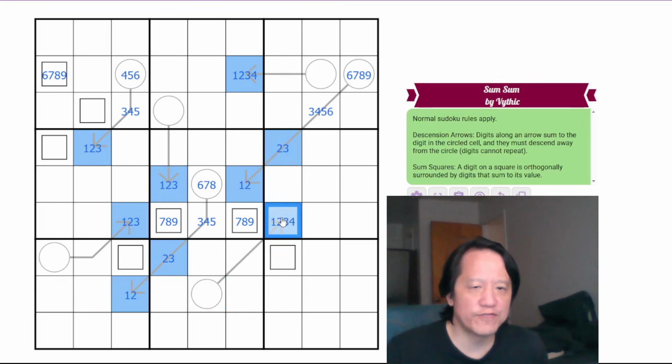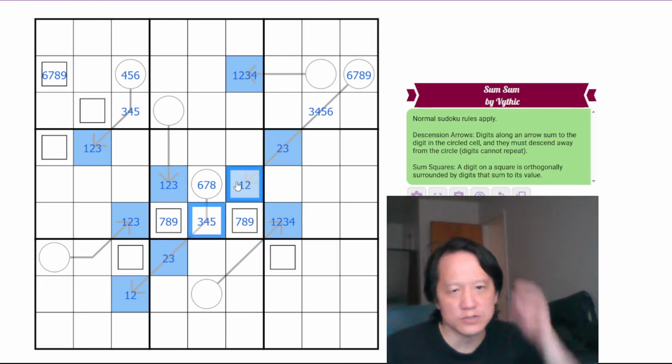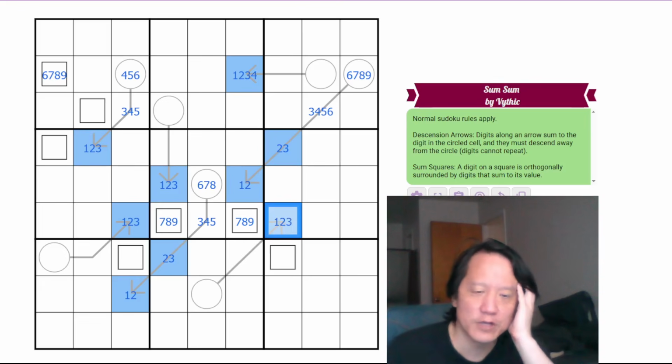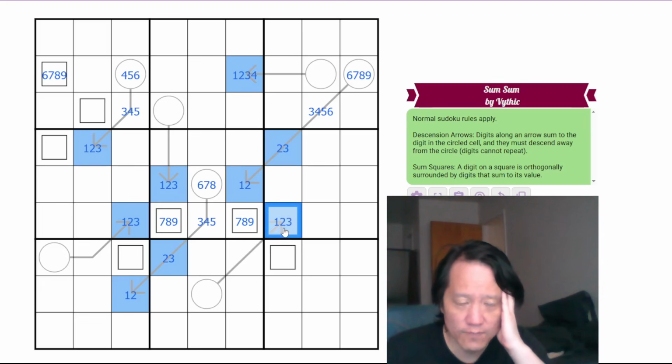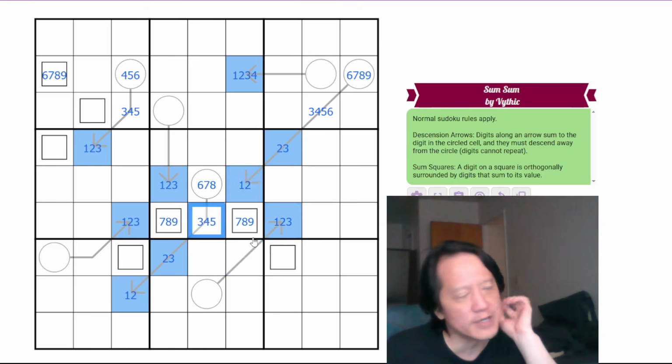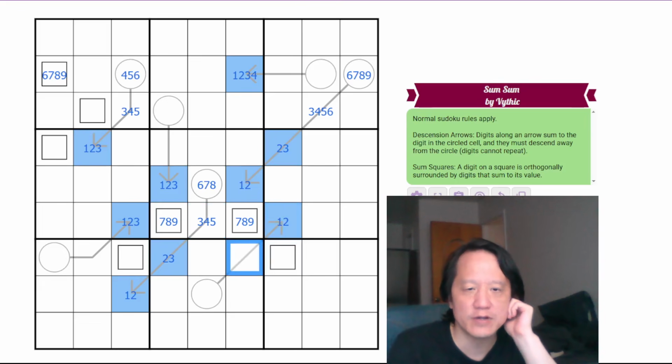So if this were 4, this would have to be 5 here. And these would be too large to add up to this square, because 4 and 5 already add up to 9. And then plus these two would be way too big. So this can't be 4. Can it be 3? 3 and 4 plus 1 and 3 already adds up to 11, so no 3 there.